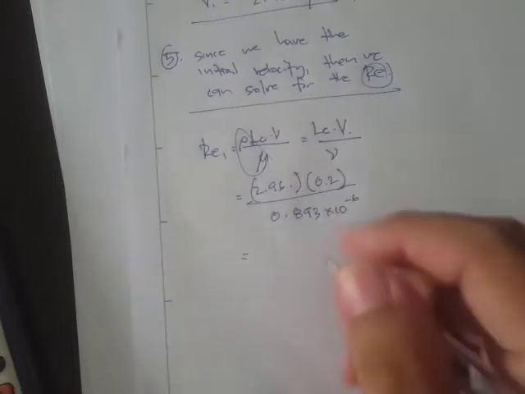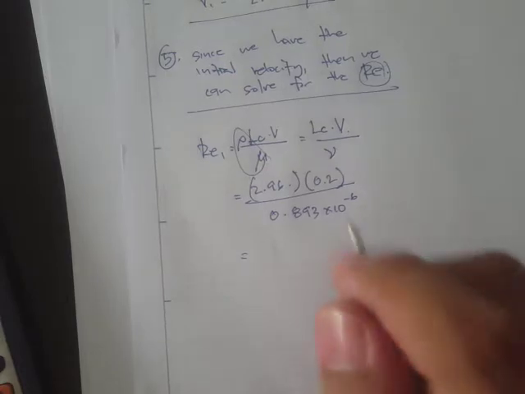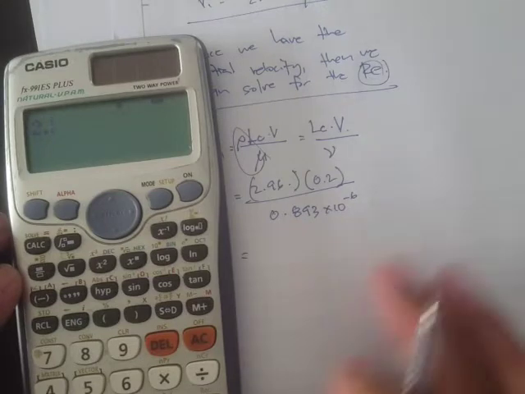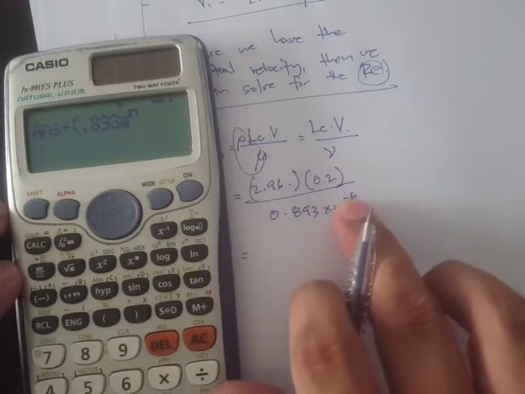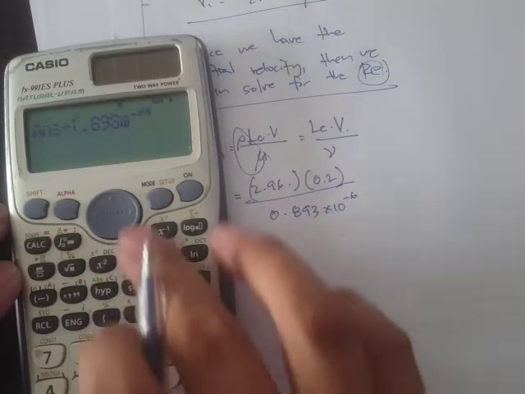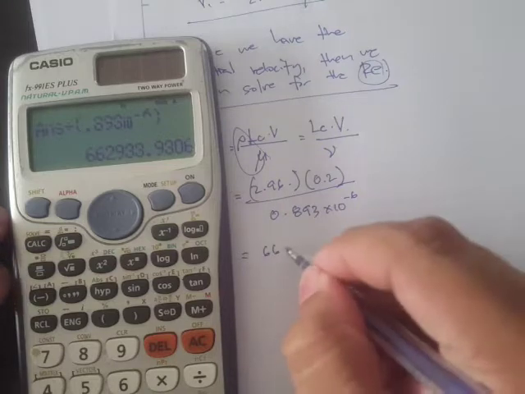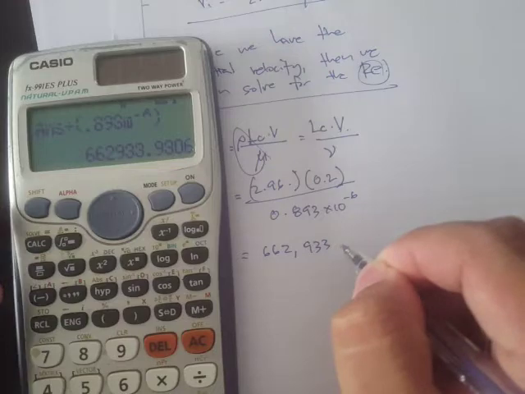Now if you do the computations here, what you'll get is 2.96 times 0.2 divided by 0.893, take note this is times 10 to the negative 6. This is 602,933.